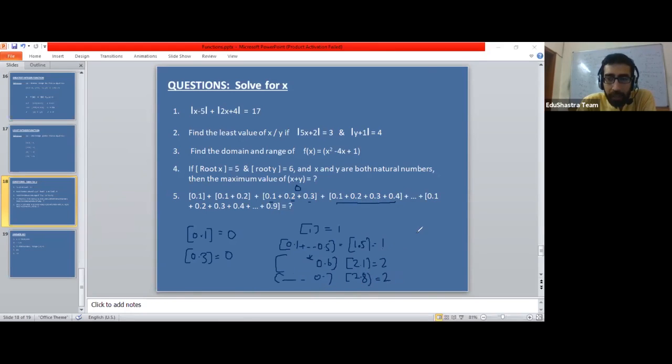Add 0.8, and you get greatest integer of 3.6, which is 3. Add 0.9, and you get 4.5, which is 4. All you need to do is add all these numbers. So 1 plus 1, 2 plus 2, 4 plus 2, 6 plus 3, 9 plus 4, 13. 13 must be the sum of this expression. I hope this is clear.